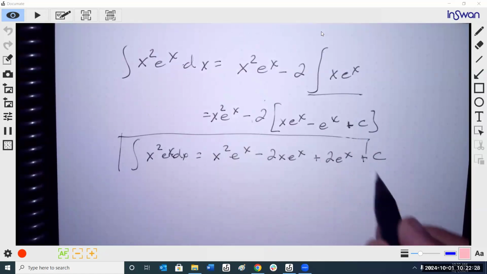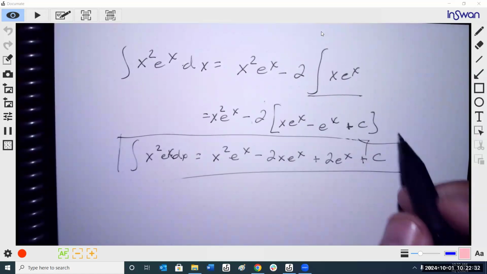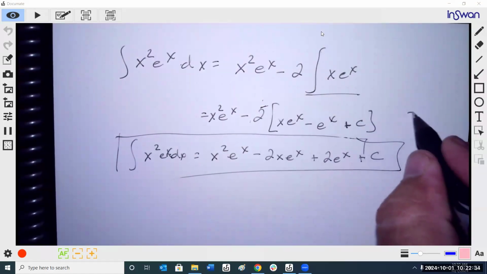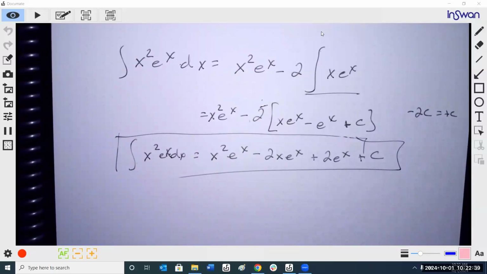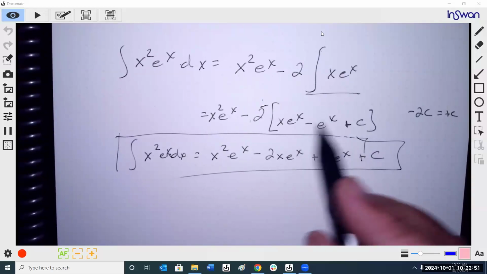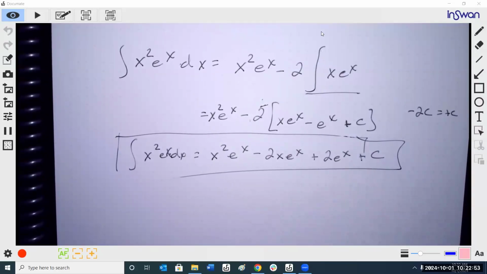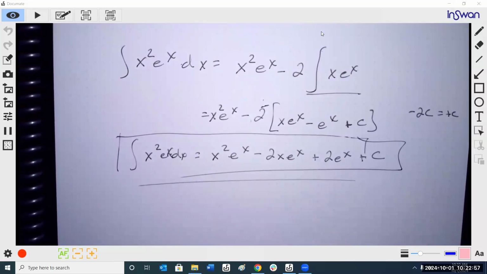A lot of people ask, when I distribute that, I get negative 2c. That's still a plus c, whatever that is. We don't have to worry about putting a minus c. We just keep on going, and if this one still didn't become integrable, then we'd redo it, like in the next example.